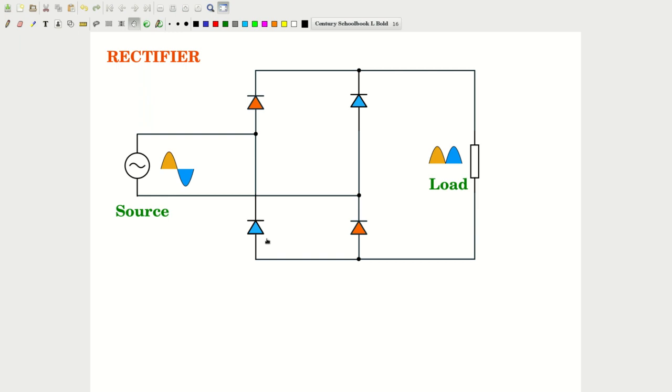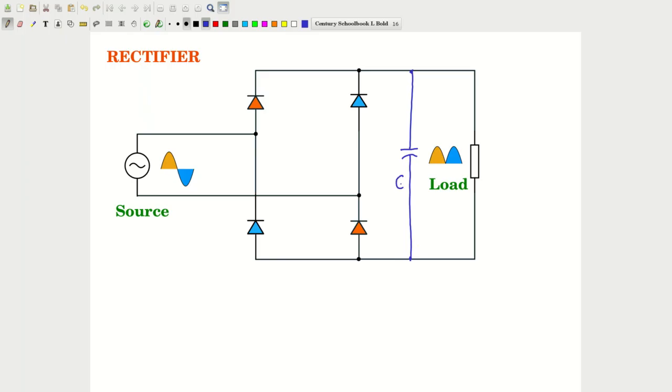Now to this, because this is a varying voltage, we need to connect a filter. It is a simple matter of connecting a capacitor like this as shown.